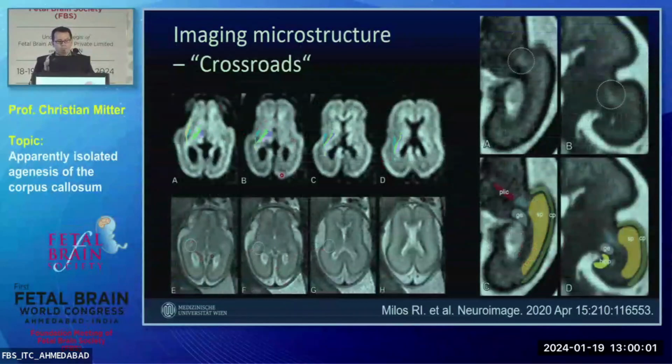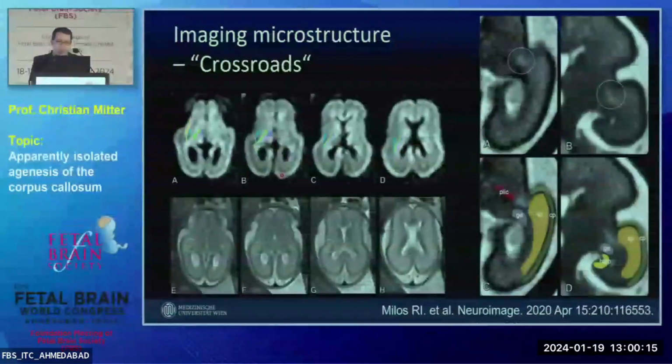There are corticospinal fibers, thalamocortical fibers, external capsule fibers, and association fibers, all in very close proximity. And you might guess that if there are that many different fiber systems in very close proximity in this area, then an abnormality here can cause profound changes in function of fiber networks.